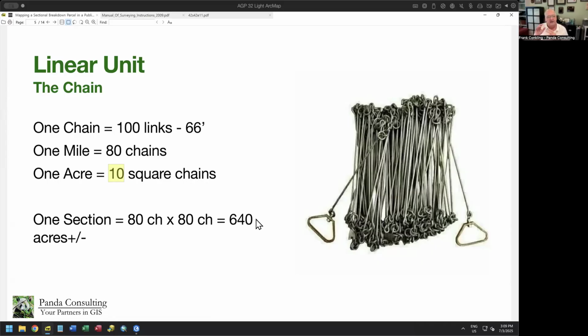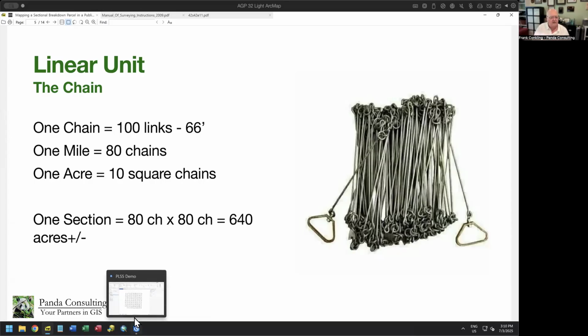All right, and I actually have 100 acres in here. So they can go in and do it. So just remember that when you're looking at these things, they have chains instead of feet.